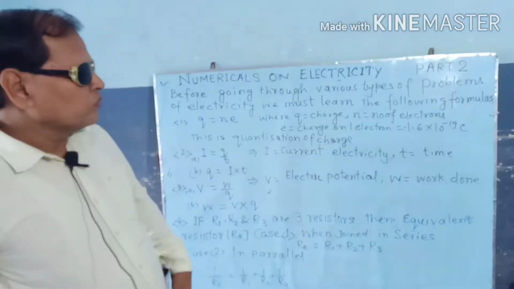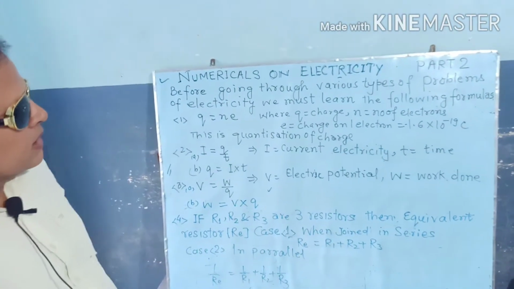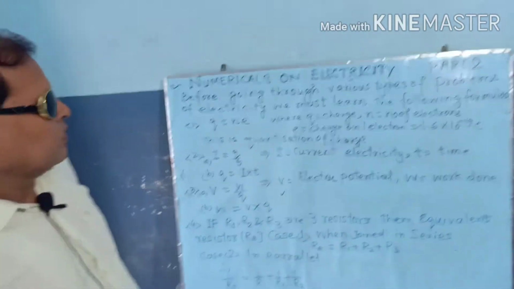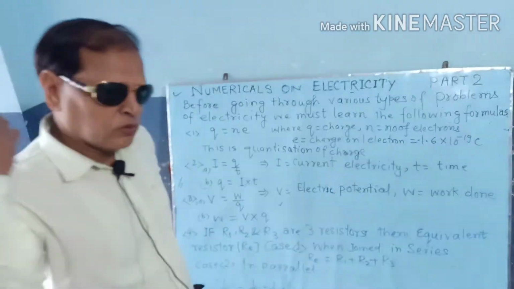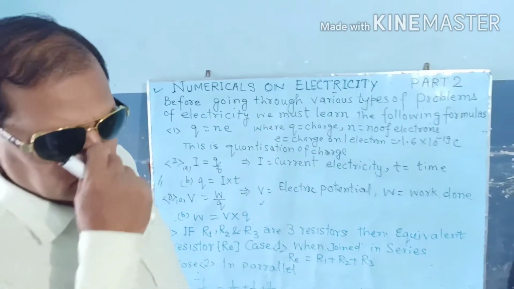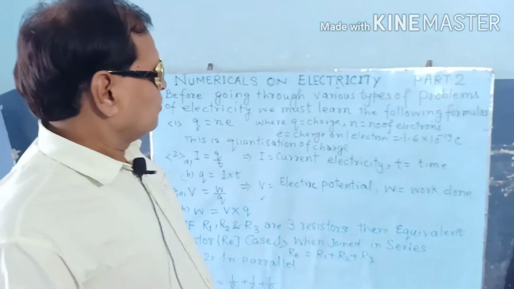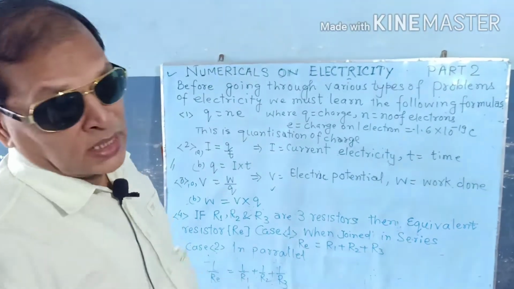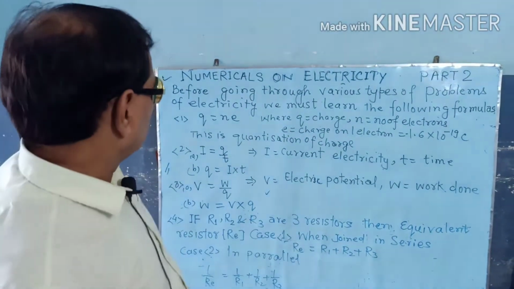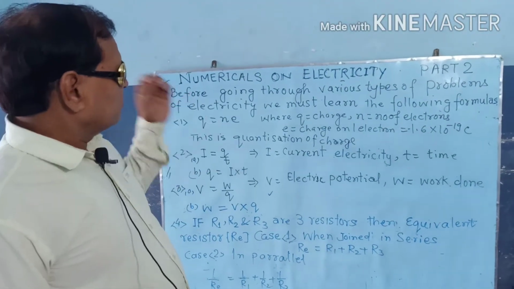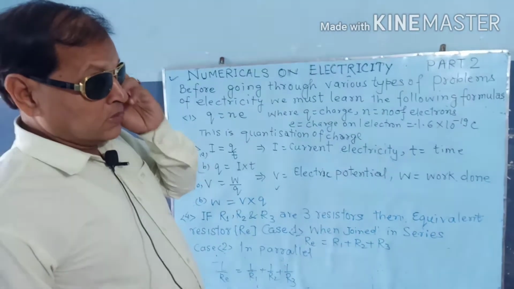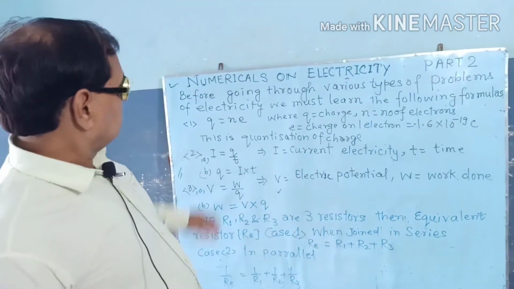Before going through various types of numerical problems on electricity, or numerical problems in any chapter of physics, we must learn the relating formulas of the chapter. Here, the relating formulas in the electricity chapter are given below.